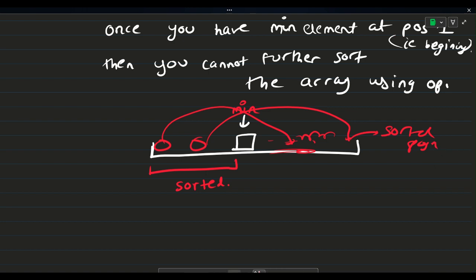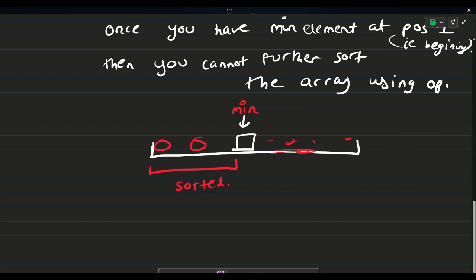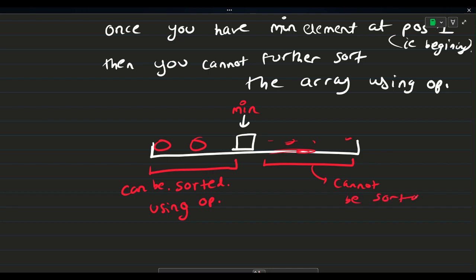Again, it's much better to write: this part can be sorted using operations, and this part cannot be sorted using operations. I think this diagram makes it pretty clear.